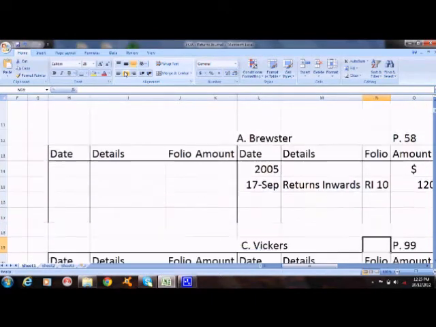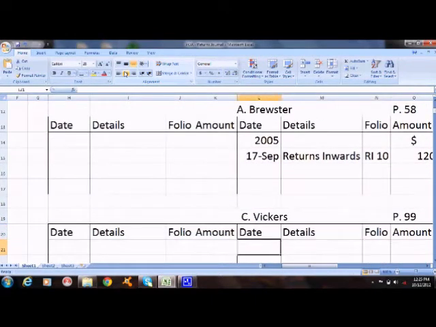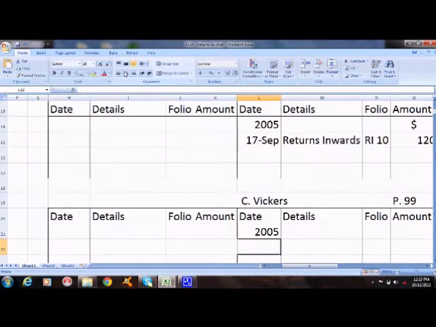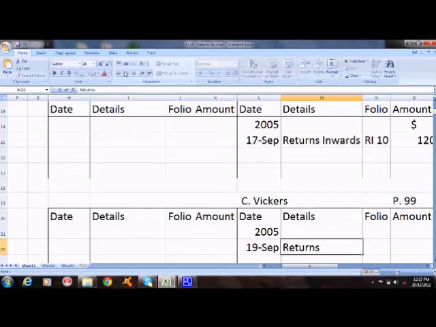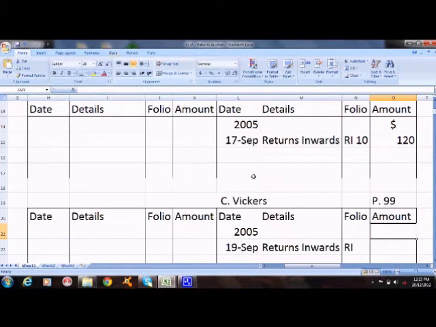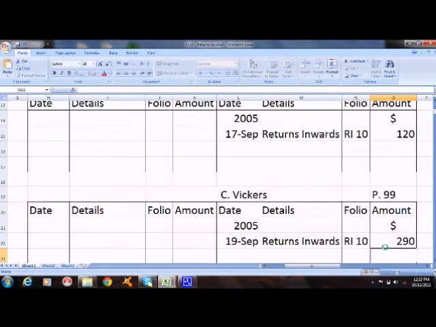So when you place 290 in the amount column, before that, 2005 September what? 19, right? And then returns inwards. RI what? 10, right? It's RI10. And the amount is $290.